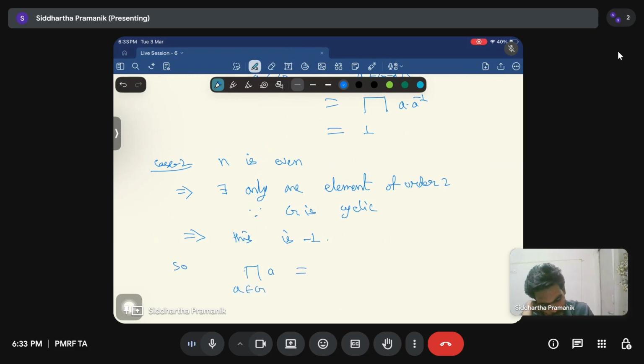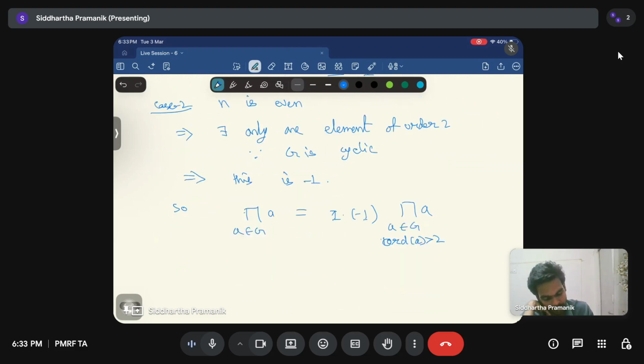So this is just you take the identity element and the order 2 element out, and you take the product such that A belongs to G and order of A is bigger than 2. So this part will be minus 1 and this part will be 1. So this is ultimately going to give you minus 1.